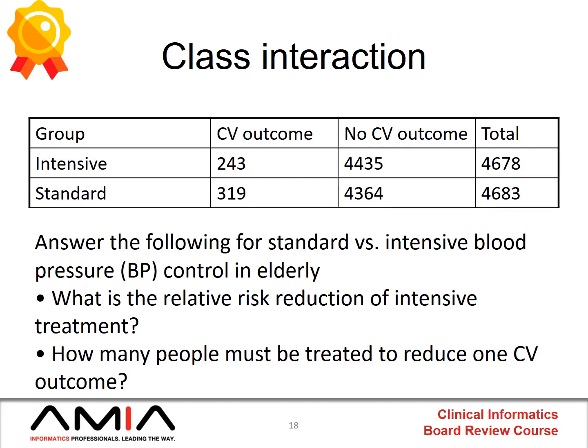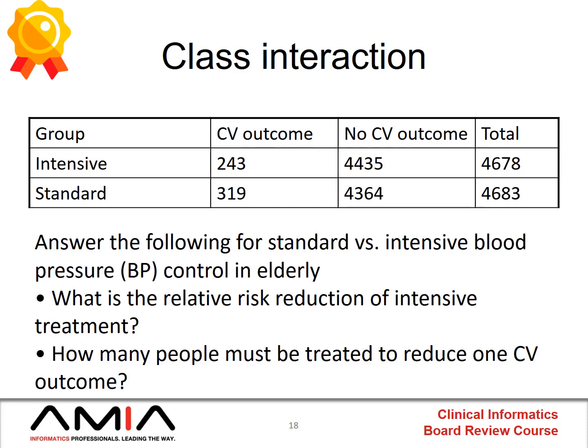So in order to calculate the treatment effect, we create the standard 2x2 table with the experimental group, in this case intensive treatment of blood pressure, in the first row, and the standard or control group in the second row. We then have columns for the composite cardiovascular outcome of patients having that outcome or not having it, and then we see the totals in the final column.